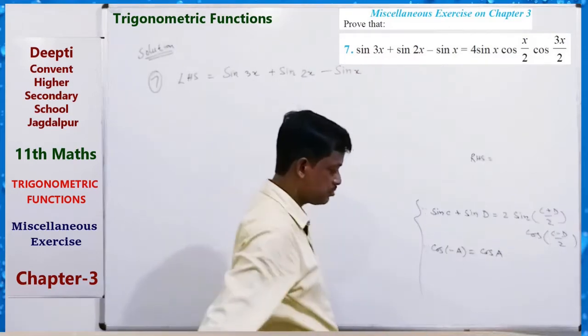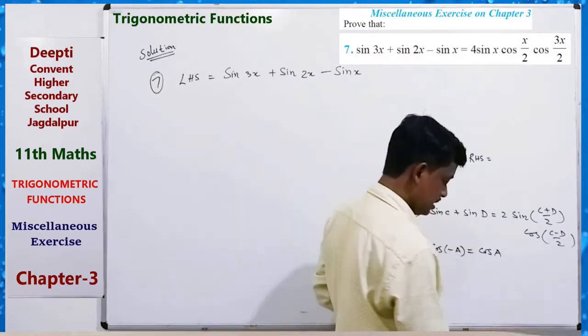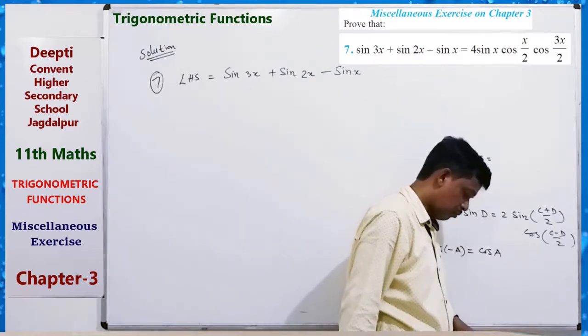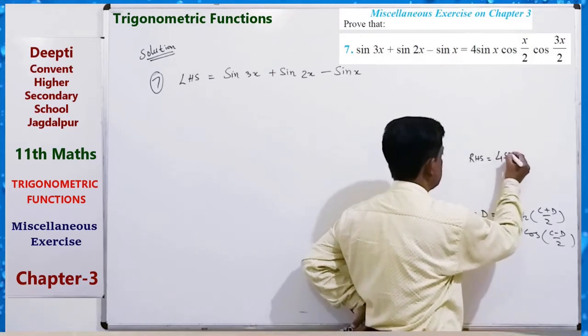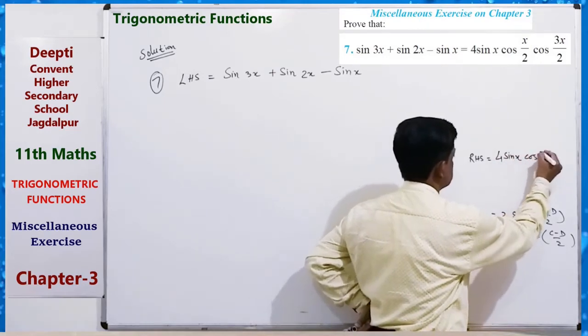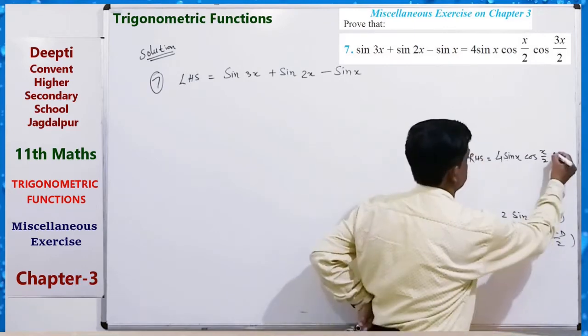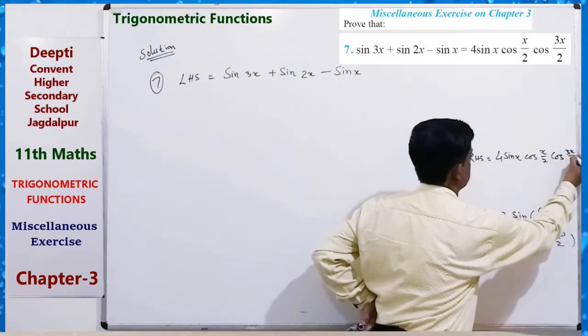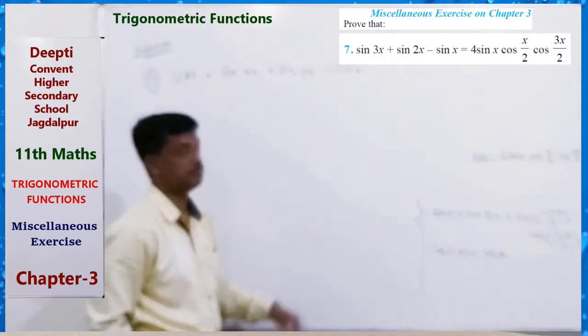And right hand side is what? 4 sin x by 2 and also cos 3x by 2, cos x by 2. This is the right hand side. Just we have to find like this from here.